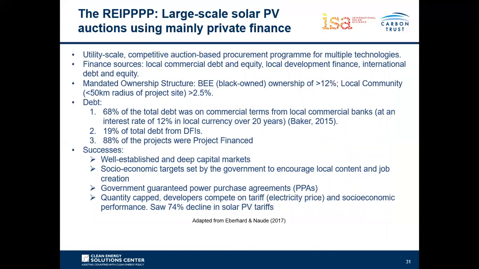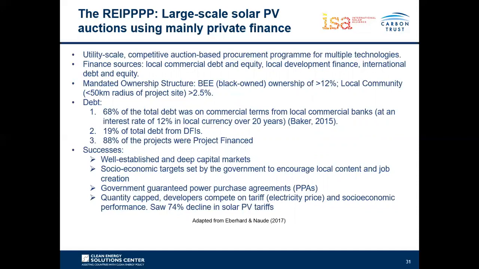Another example of large-scale solar PV using auction procurement is the South African Renewable Energy Independent Power Producer Procurement Program, which sourced most of the finance from private sources. And here we can see that most of the debt was sourced on commercial terms from local commercial banks.